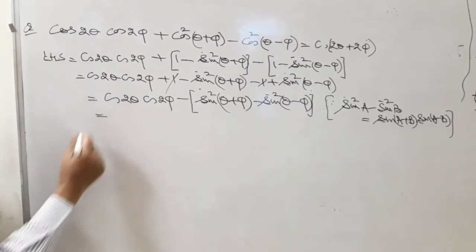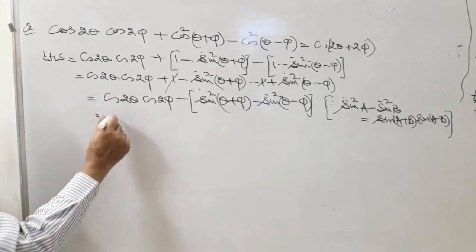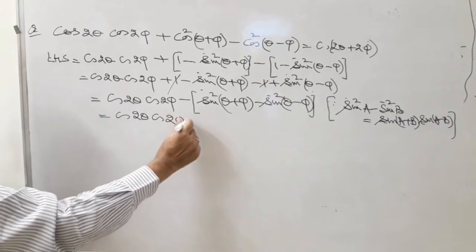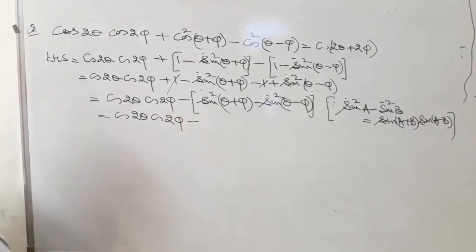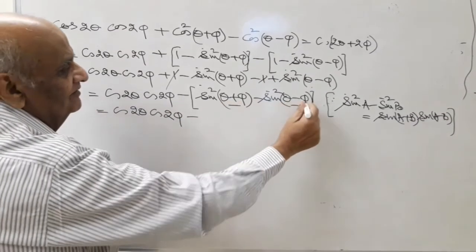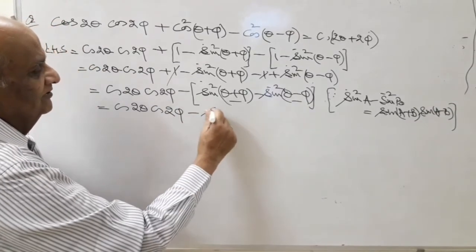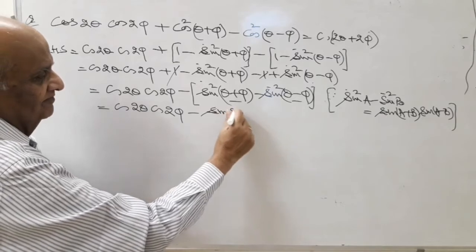So this will be equal to cos 2 theta cos 2 phi minus, A is theta plus phi, B is theta minus phi, it is sin of 2 theta.